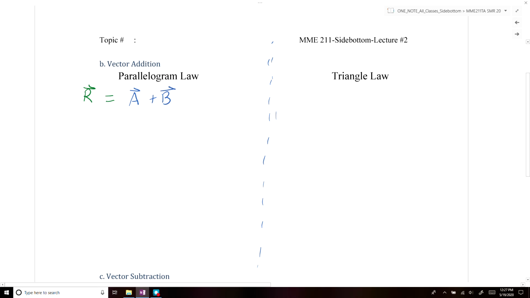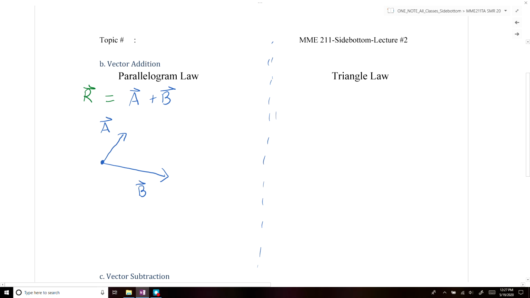Okay, so our first step is we're going to draw vector A and vector B from the same starting point. So we'll draw vector A going this way, and we have vector B being drawn this way. Okay, so these are given quantities.